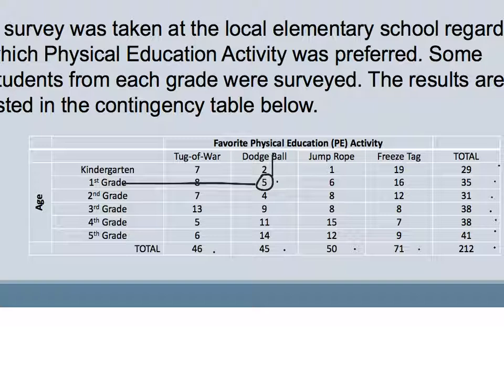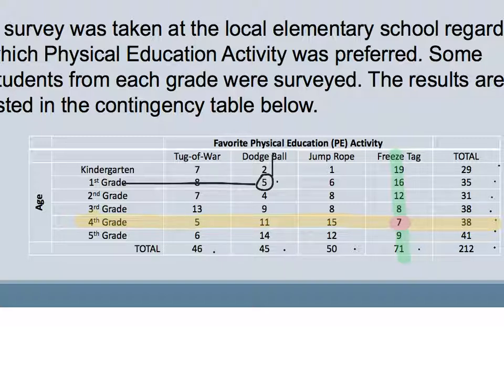Maybe I can highlight. Let's see if it'll let me highlight. Alright. So this was 4th grade or freeze tag. So if I do 4th grade across through here, and then if I do freeze tag down through here, do you see how this 7 is counted twice?